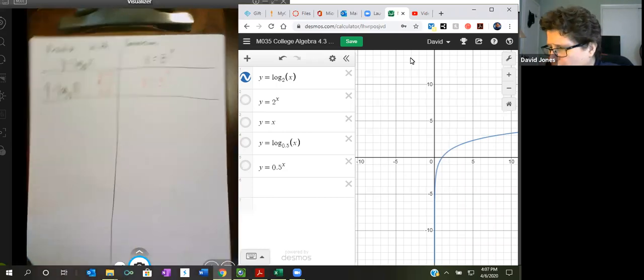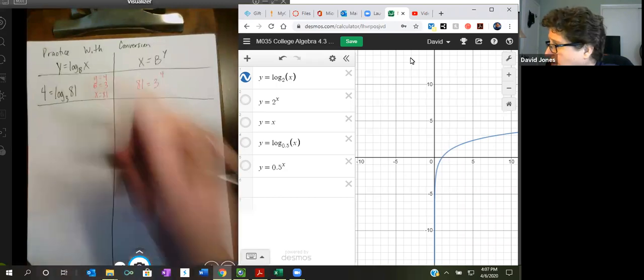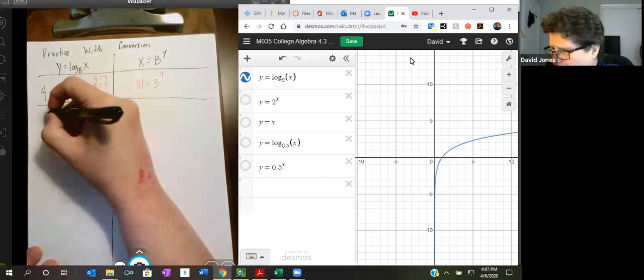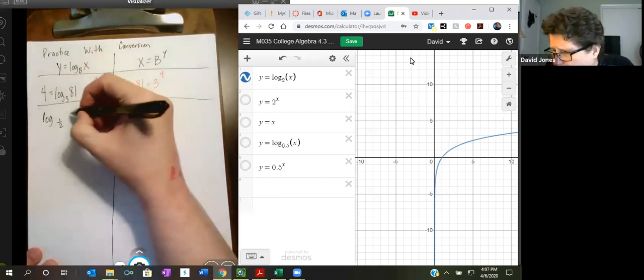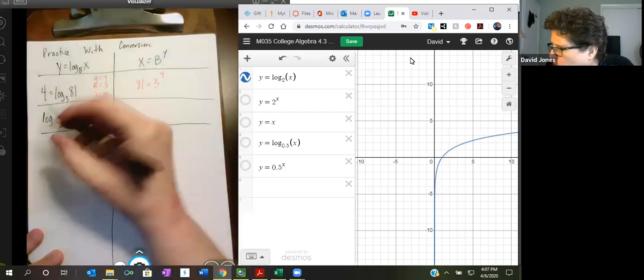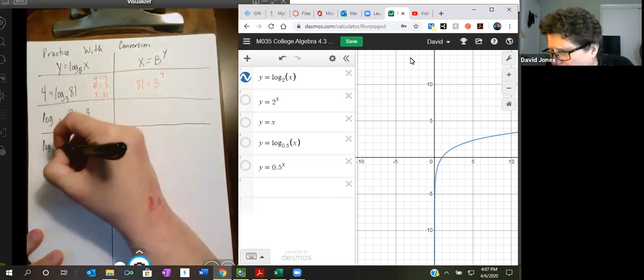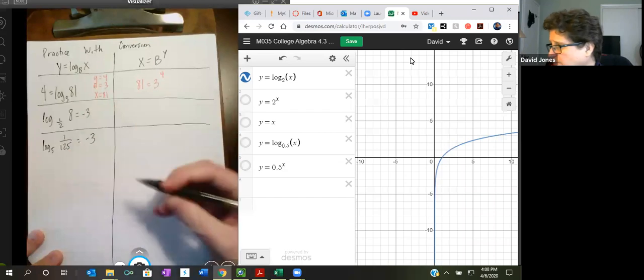Now I want you guys to try. I'm going to give you several to work with. Let's take a look at log base 1/2 of 8 equals -3. We'll look at log base 5 of 1 over 125 equals -3.